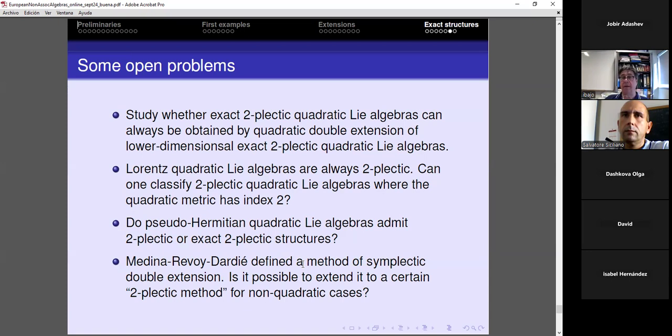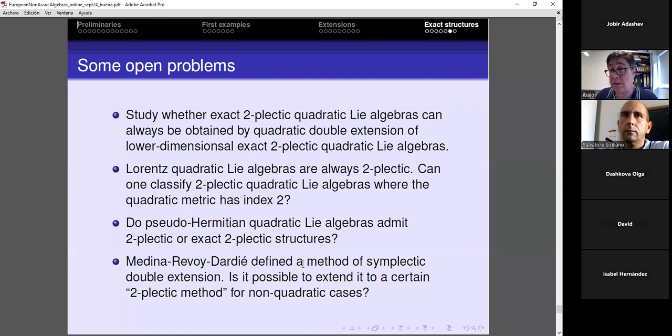For instance, if you remember, we had that symplectic quadratic Lie algebras were always two-plectic. So there we have some examples of symplectic Lie algebras which are also two-plectic. So can we redo these results that we have had in the quadratic case for the symplectic case?